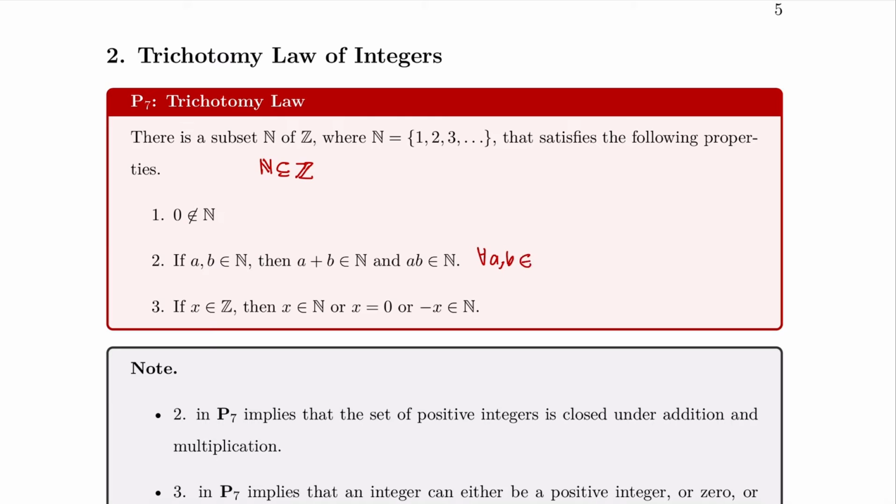Okay, pick two elements, and then we can imply that a plus b belongs to the set of natural numbers and a times b belongs to the set of natural numbers.